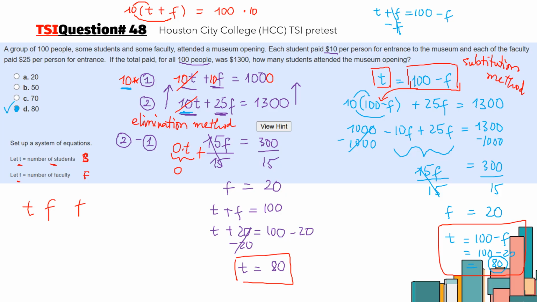And if it's S, be careful because it looks like number 5. So T and F, we have S and 5, and then we have what usually is X and Y.